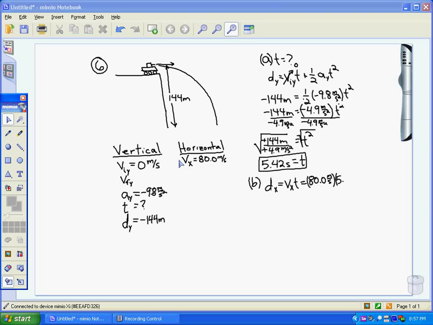And this is equal to, multiplying the 80 times the 5.42, we'll get 434 meters.